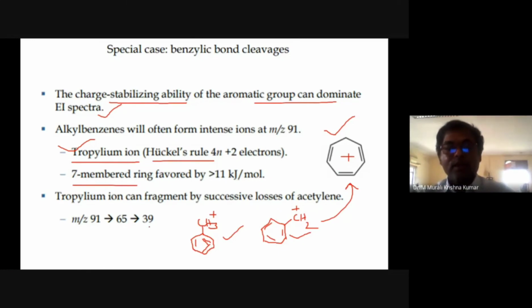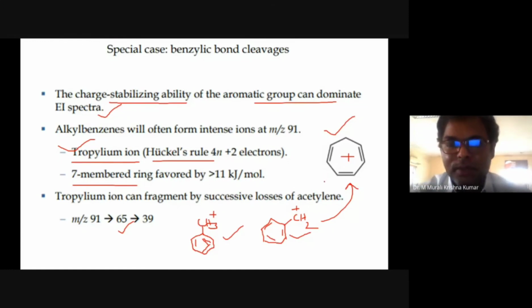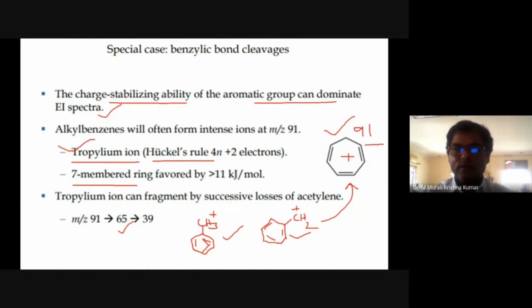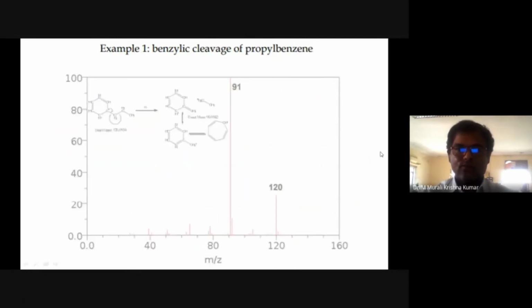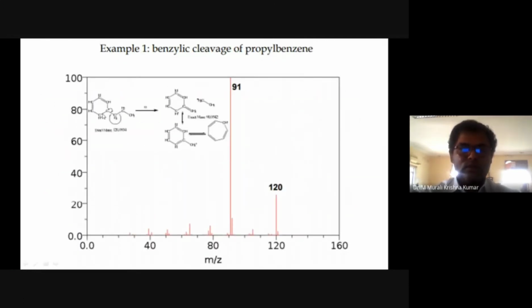And the tropylium gets fragmented to give 65, the cyclopentadienyl ion, which will be further fragmented. So this is 91. If you take this compound, propyl benzene, you will see formation of 91, and 91 is the base peak.